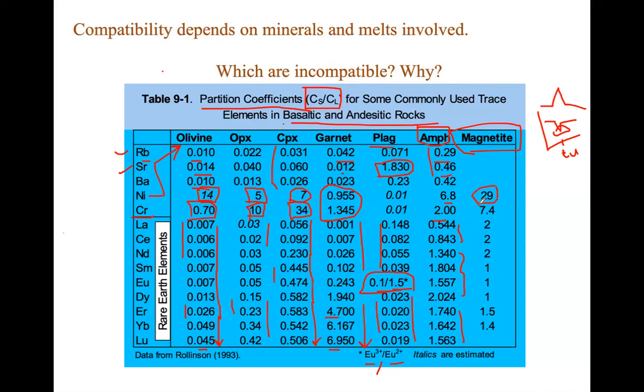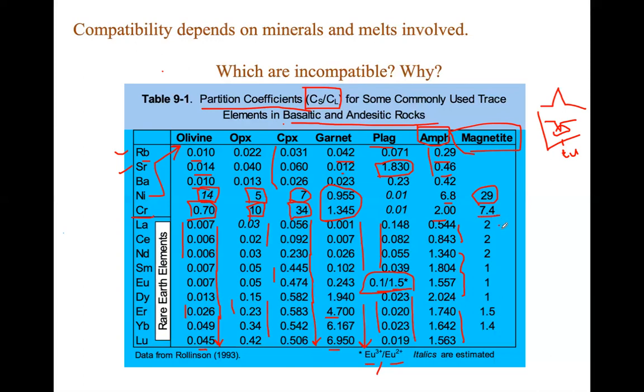So that means nickel can go in much higher quantities to opaque phases, right? Particularly magnetite, even better than olivine. Chromium also can go in large quantities there.